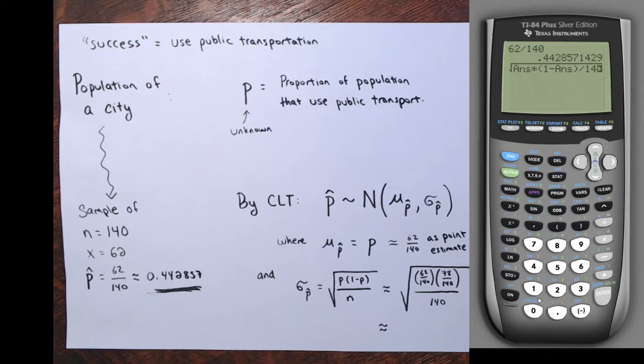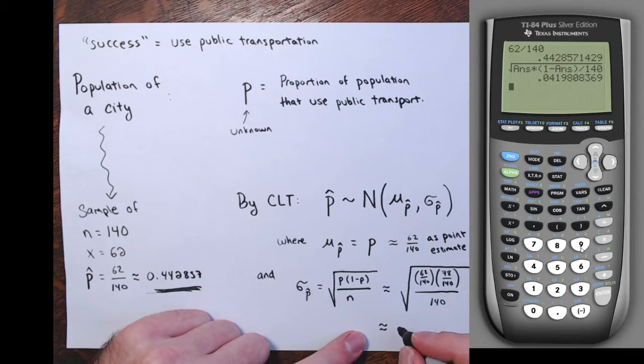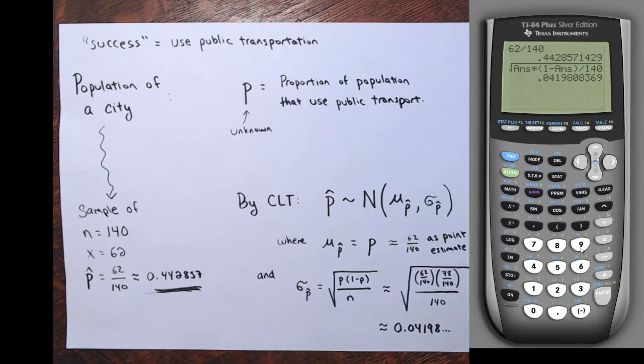Again, make sure all of that is under the square root. So here's our standard error for the sample proportions. It's 0.04198.